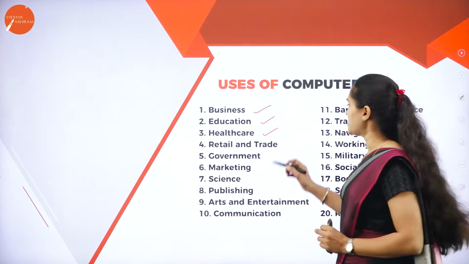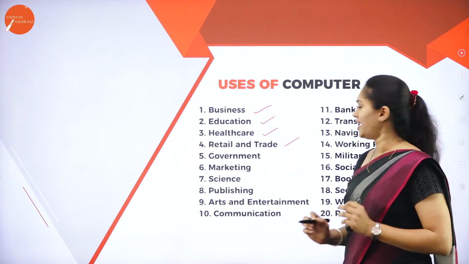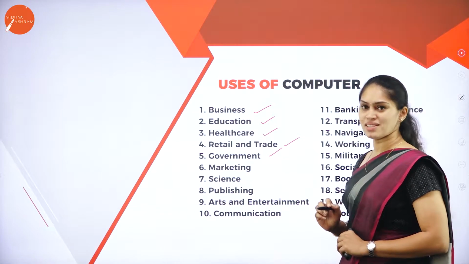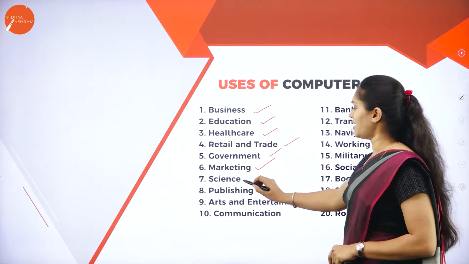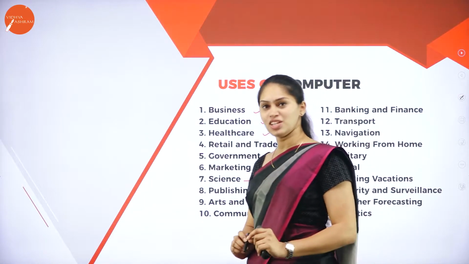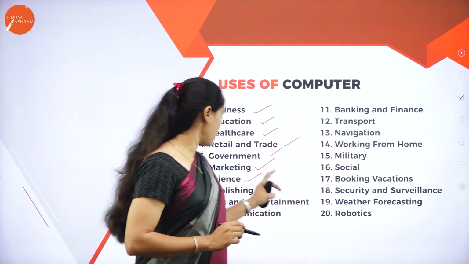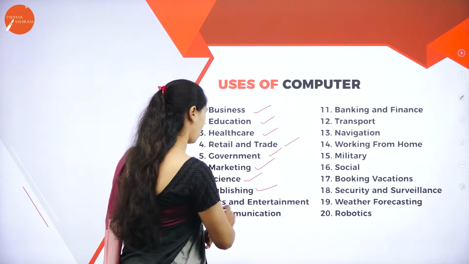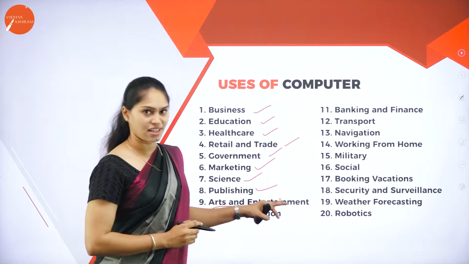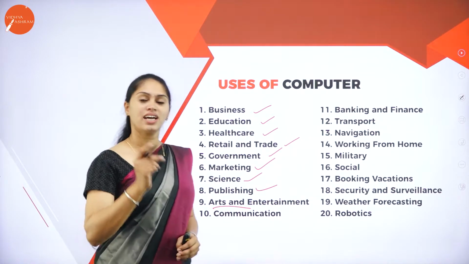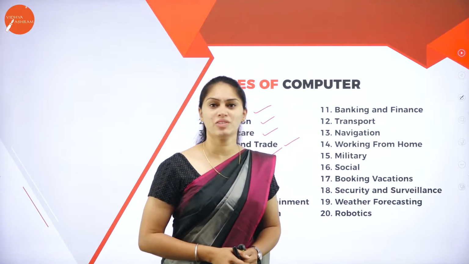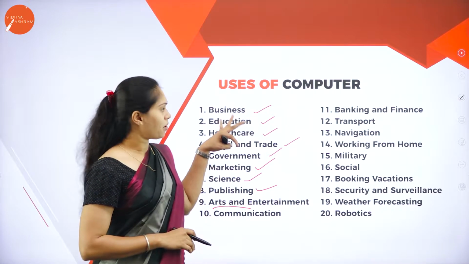So what is the next use? That means retail and trade. I can use computers in government sectors, the marketing field, science and research, and publishing. After that I can use computers for arts and entertainment as well as for communication. That is what I am doing with you virtually, right? So I require the computer system.